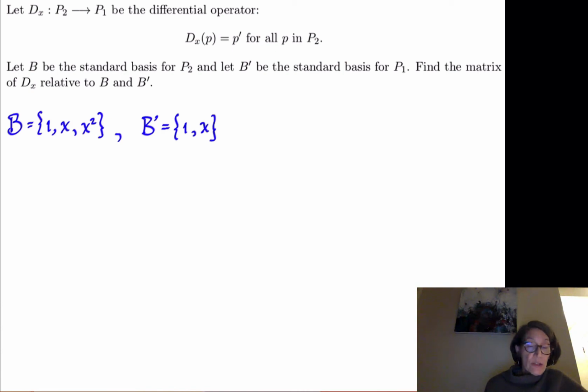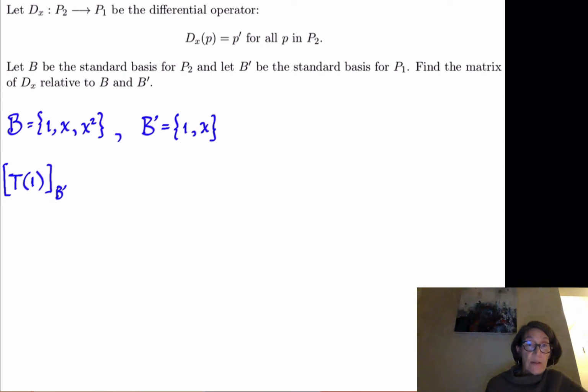And so now what we're going to do is compute each of the columns of the matrix we're looking for. The first column is going to be the coordinate vector relative to B prime of the image of the first basis vector in B. So that's the polynomial 1.